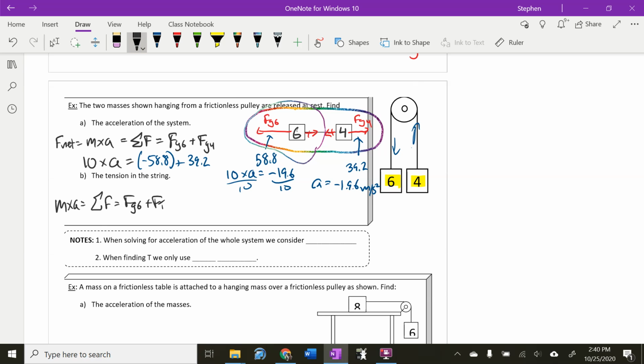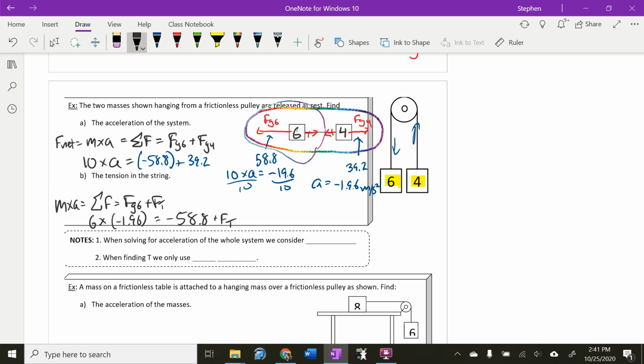The mass of the 6 kilogram object is 6. We know the acceleration was negative 1.96, and this is going to equal negative 58.8 plus the force of tension. Again, the Fg was negative because it's going to the left. The acceleration is negative because it's going to the left, and so we should be able to solve for that.